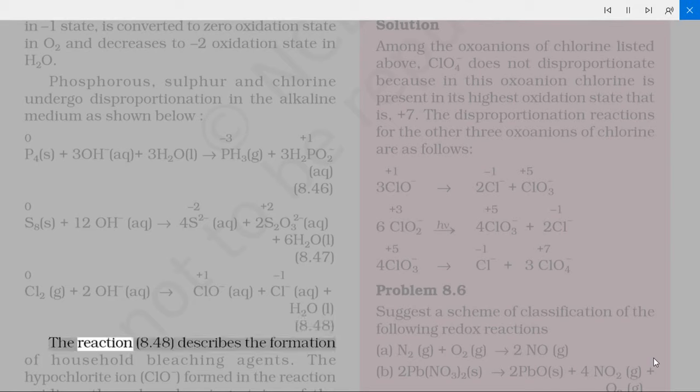The reaction 8.48 describes the formation of household bleaching agents.